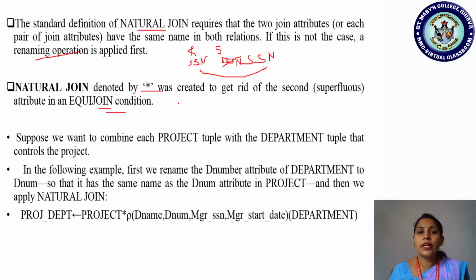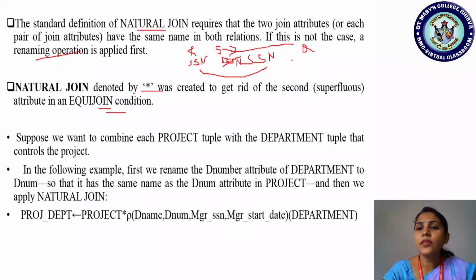The resultant relation. Let us assume that after applying the equi-join we have got a resultant relation Q, and one tuple was found common in both of them.